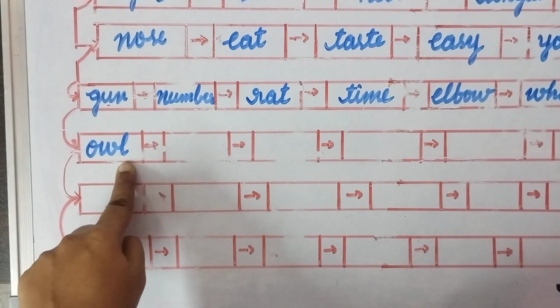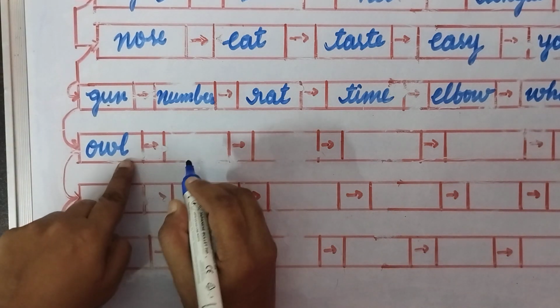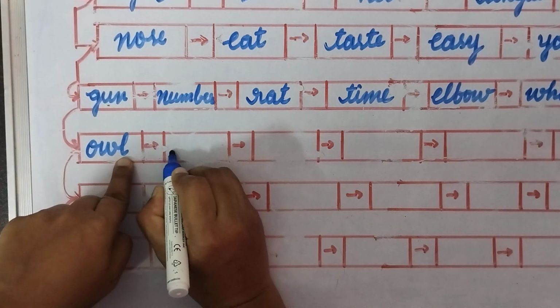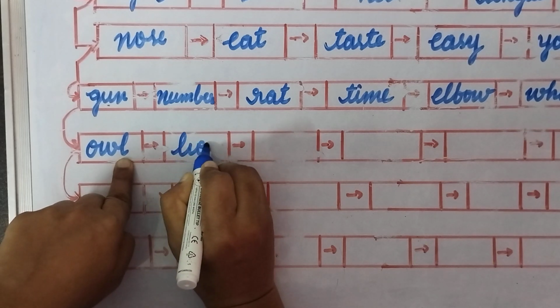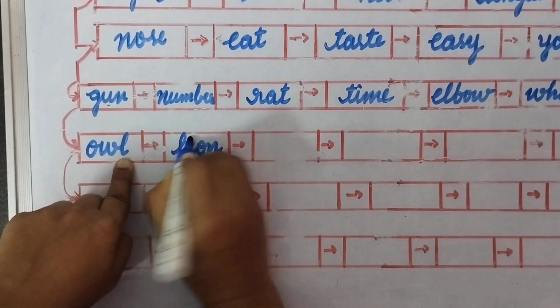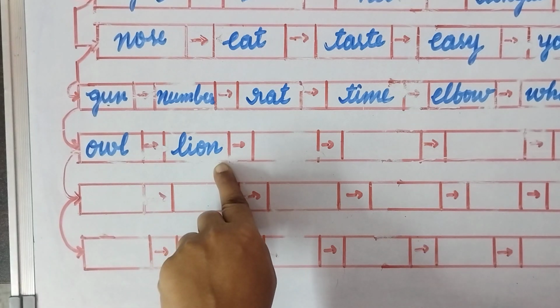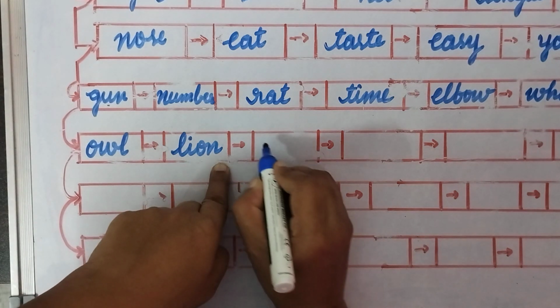The last letter is L. L for lion, L-I-O-N, lion. Again N. N for never.